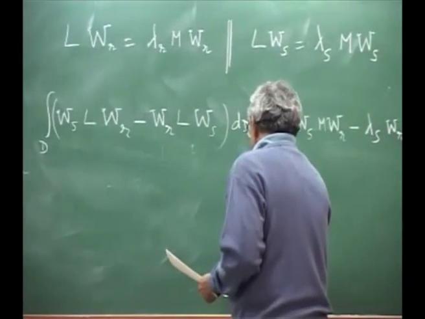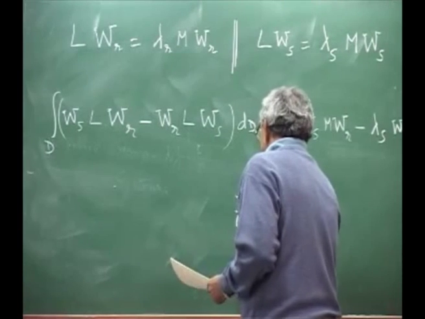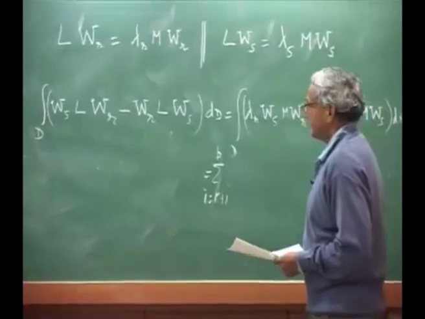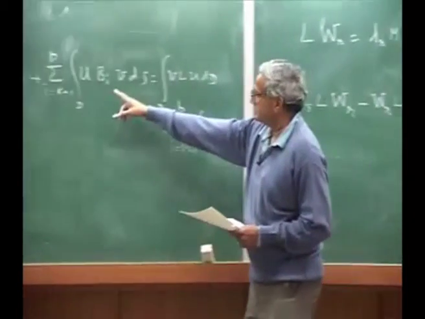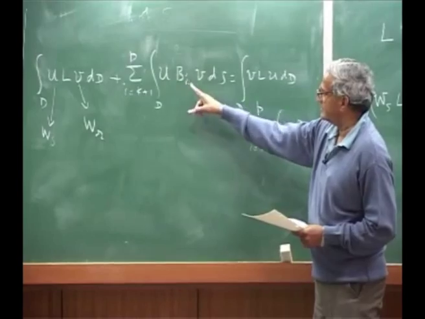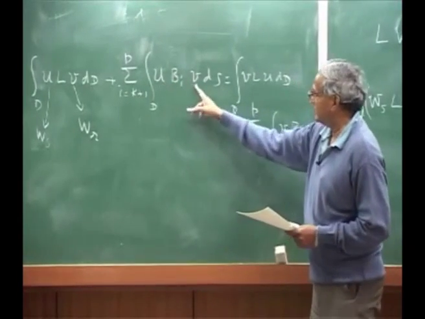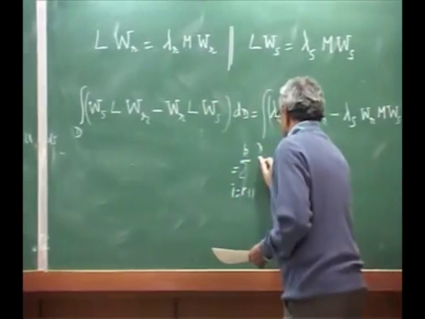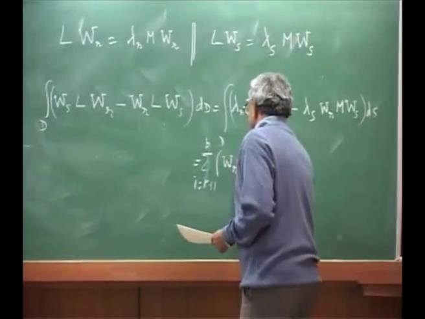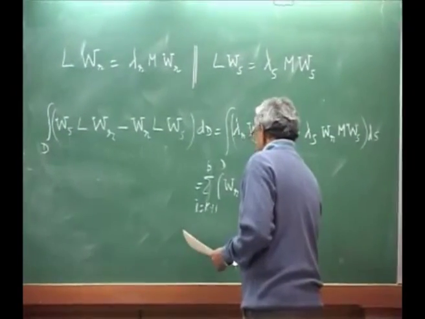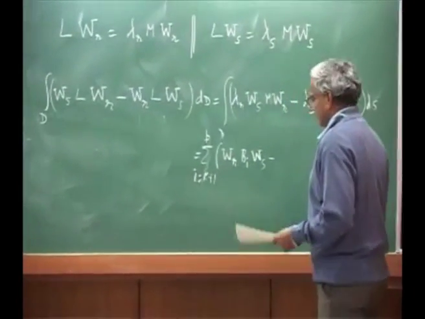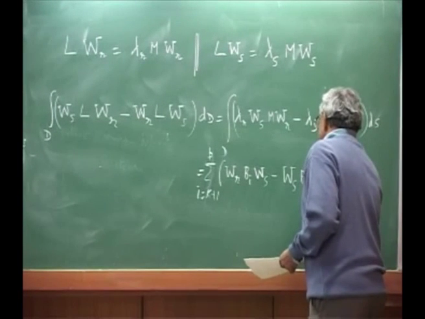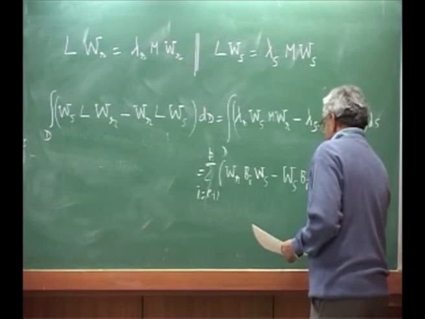Now I am writing summation i running from k plus 1 to p, this is B i U V, and here V is WR. So WR B i WS minus WS B i WR d S.